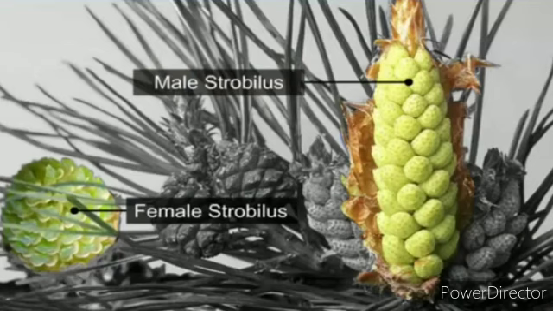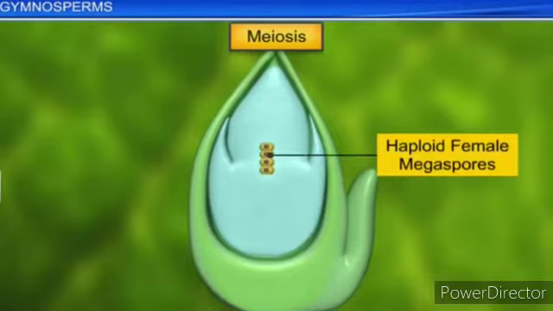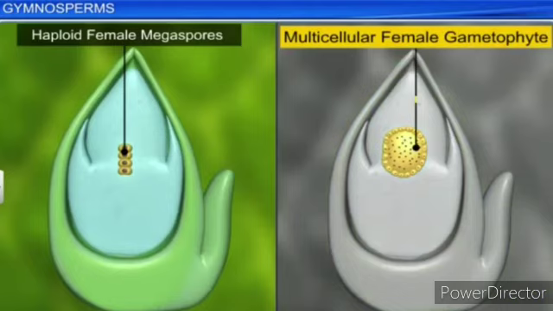The ovules are borne on megasporophylls which may be clustered to form the female cones. The megaspore mother cell divides meiotically to form 4 megaspores. One of the megaspores enclosed within the megasporangium or the nucellus develops into a multicellular female gametophyte that bears 2 or more archegonia or female sex organs.